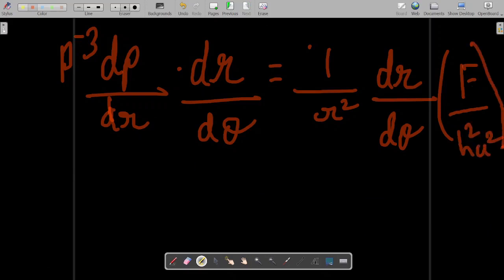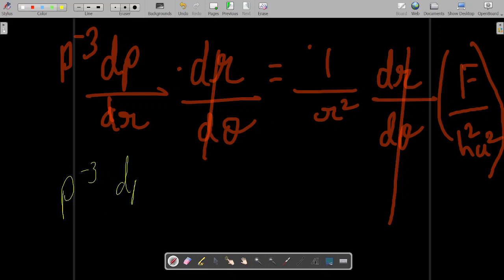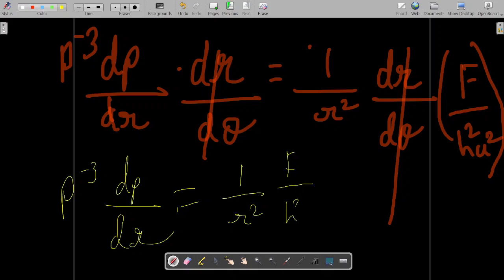So this and this will cancel out. So what did you get? p to the power minus 3 dp by dr is equal to 1 over r square f by h square u square. This and this will cancel out. So again you get f by h square.